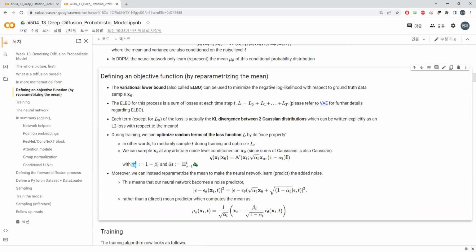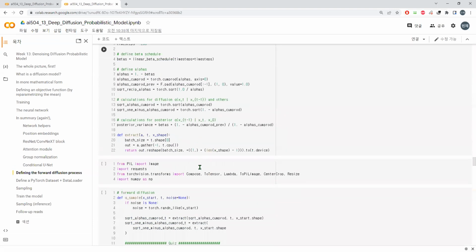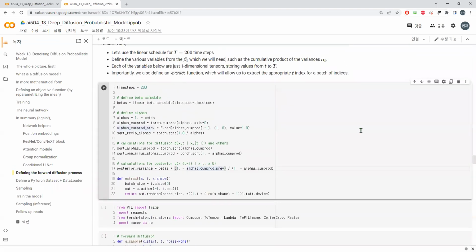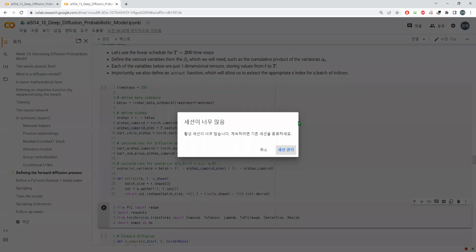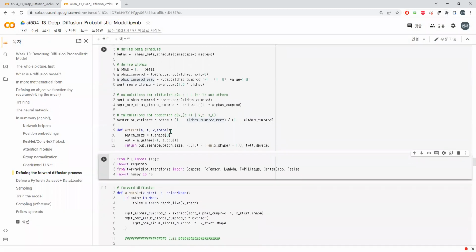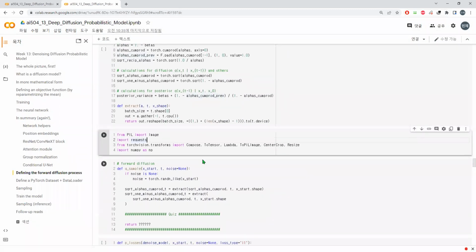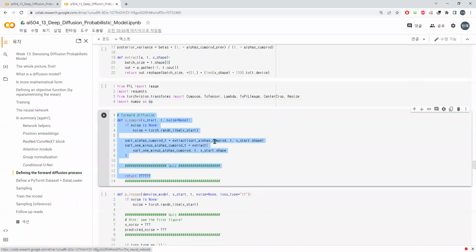The role of alpha t is just for designing the forward diffusion process like beta. So it has the same meaning. Don't get confused. Just run it. Run these 2 blocks, and this is your case.